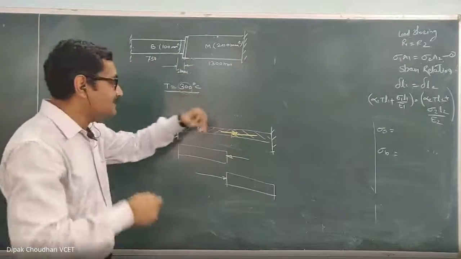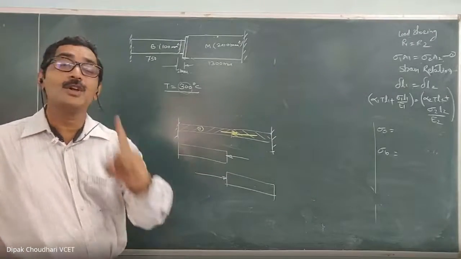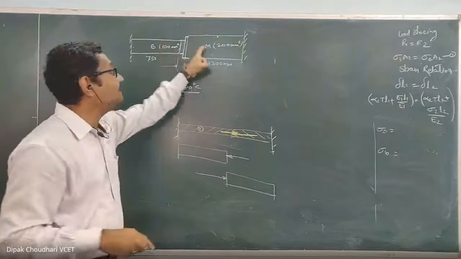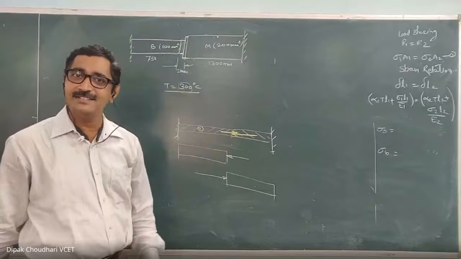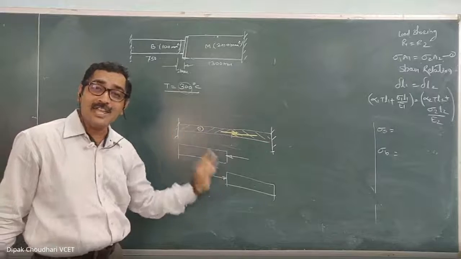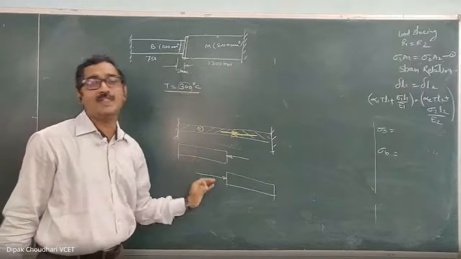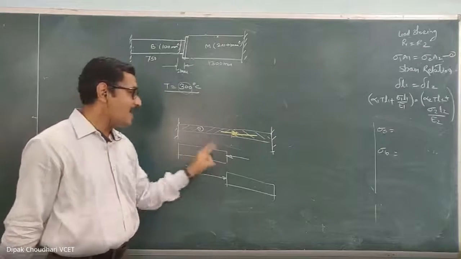Means in this case, because of this reactive forces exerted by these two materials on each other, both the materials are in compression. Have you understood this? Here, both the materials are in compression. Compressive reactive axial forces are induced on these both the materials. Have you understood this concept?